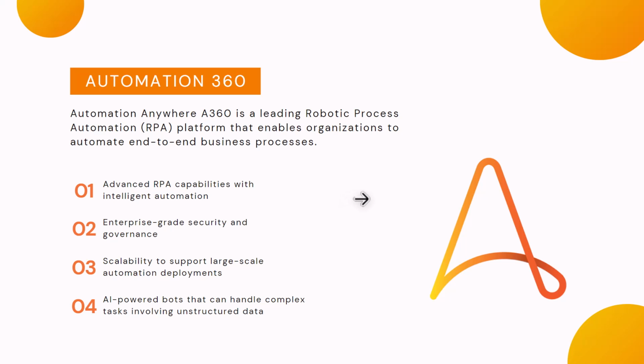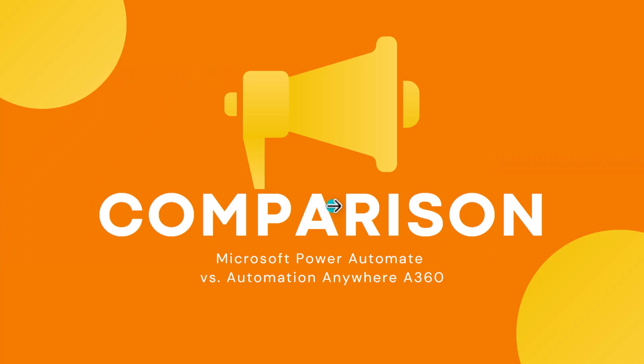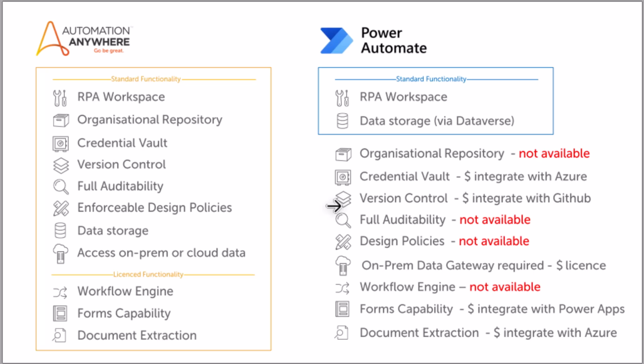Now, since we have covered the overview of both the platforms, let's move ahead in comparing these two. The slide that you see is divided into two halves. Left hand side is Automation Anywhere functionality, and right hand side is the functionality that is offered by Power Automate.